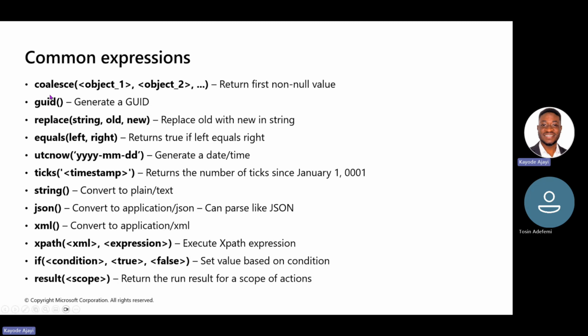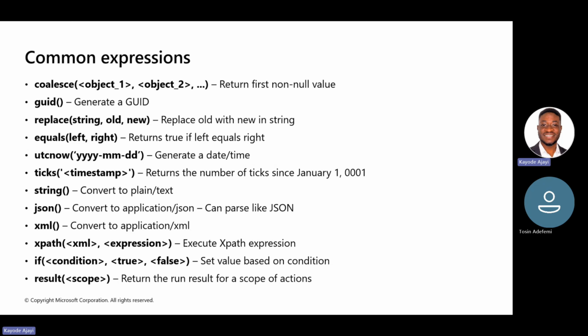Then you have other stuff which I'm not really going to go into, but it's good to know they're possible. GUID, replace, maybe you want to replace a text with another one. Equals, you can use it to compare and it returns true if both values are equal to each other. We have UTC now, which is the one I was telling you about, that generates the current date and time. We have ticks.